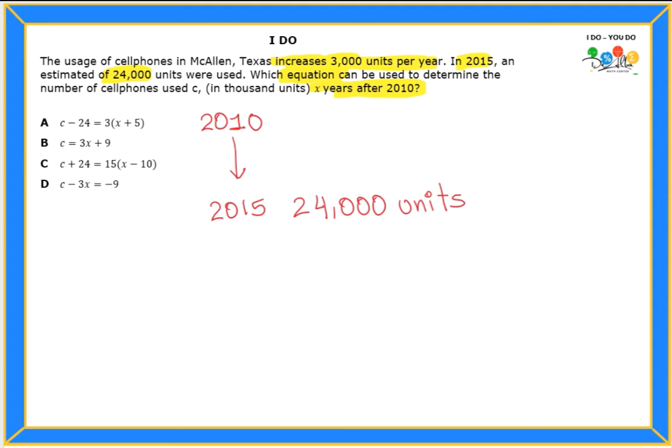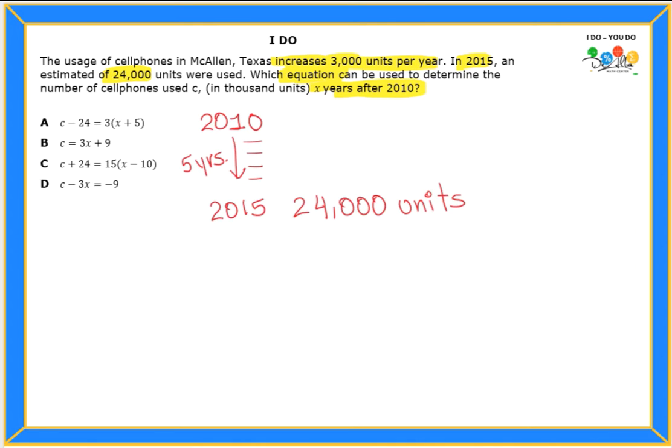It's actually 5 years. And in those 5 years, the increase was 3,000 per year. So every year it went up by 3,000, and there's a difference of 5 years.